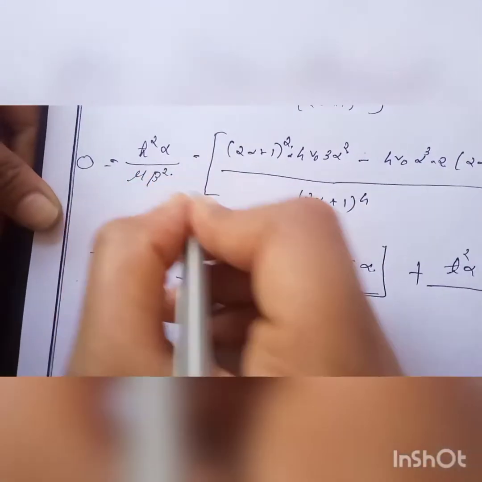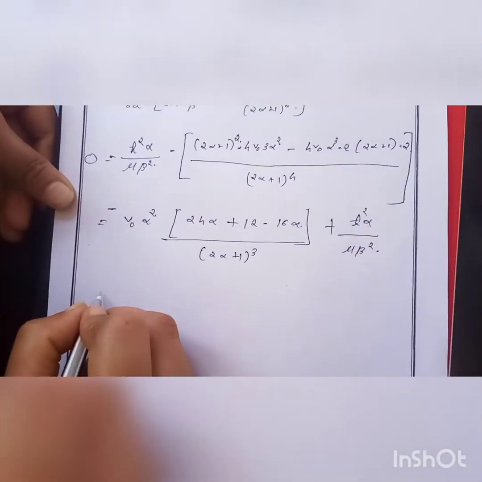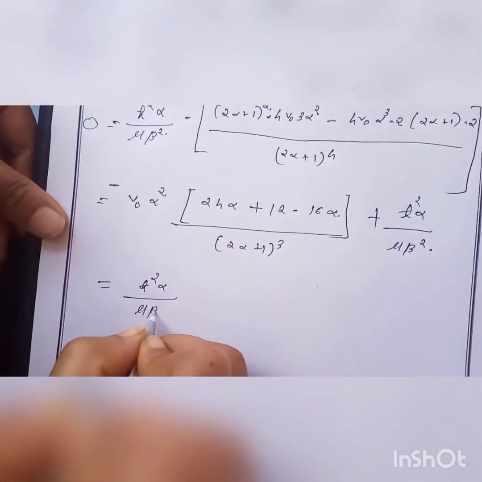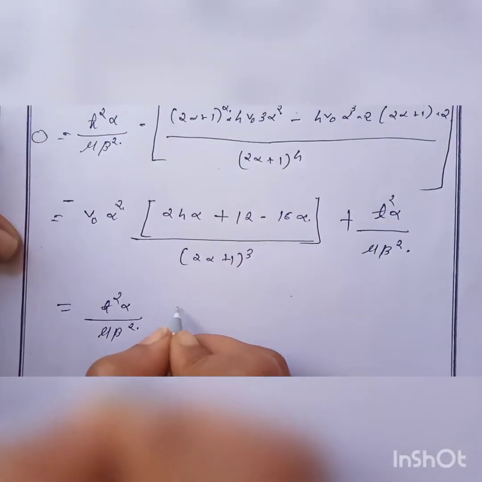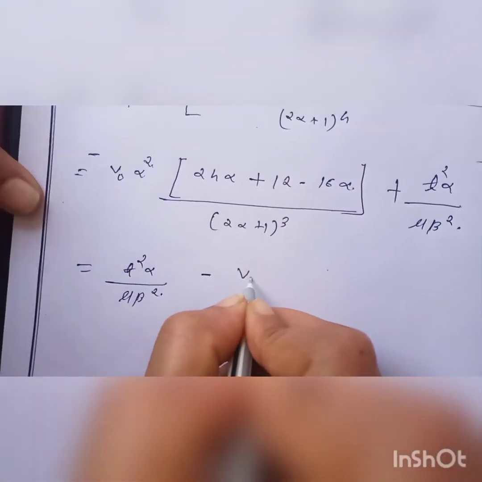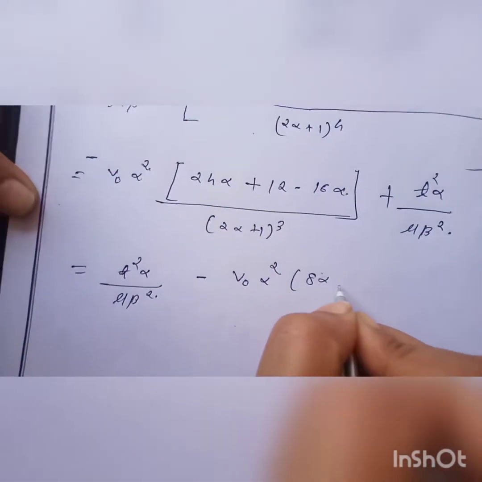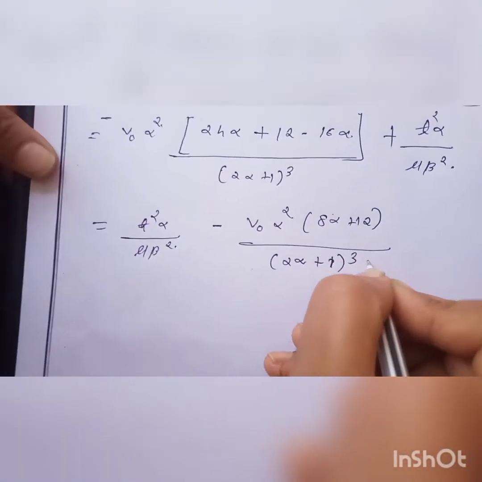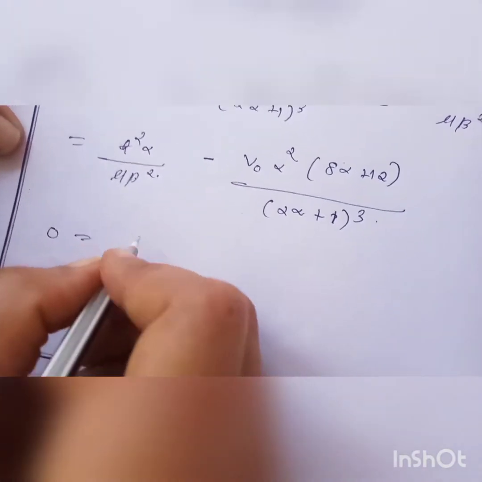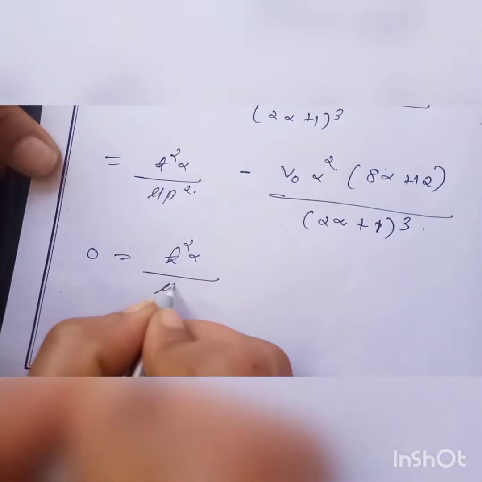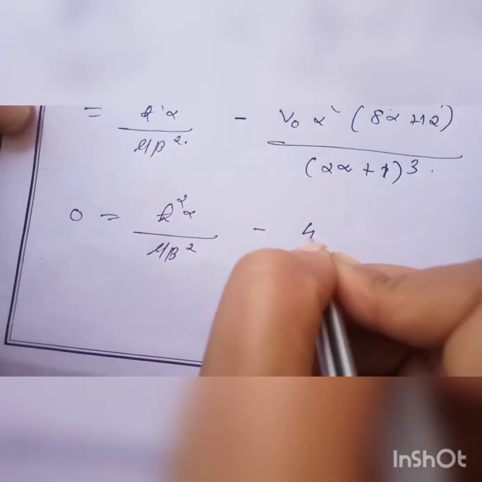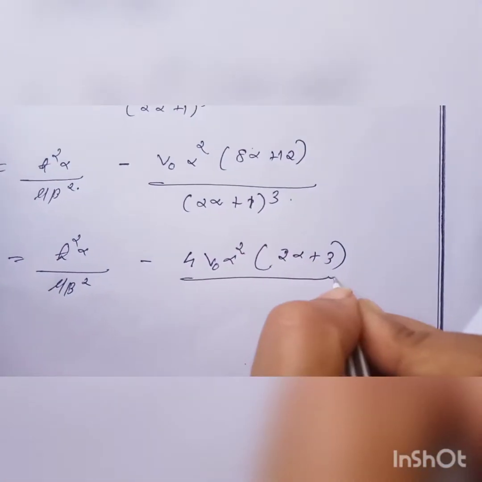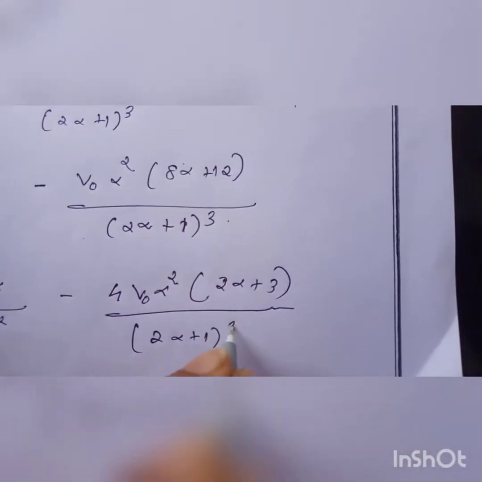Plus ħ²α/μβ², which is equal to ħ²α divided by μβ² minus V0α² into (8α+12) divided by (2α+1) the whole cube. That is, 0 is equal to ħ²α/μβ² minus 4V0α² into (2α+3) divided by (2α+1) the whole cube.